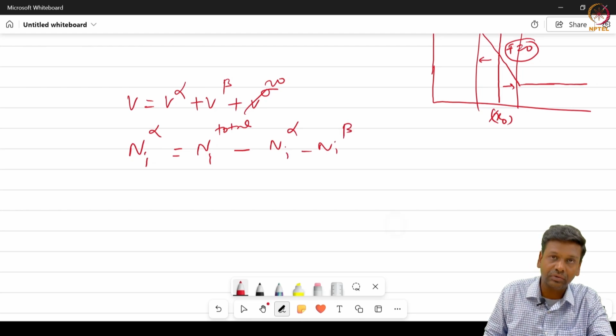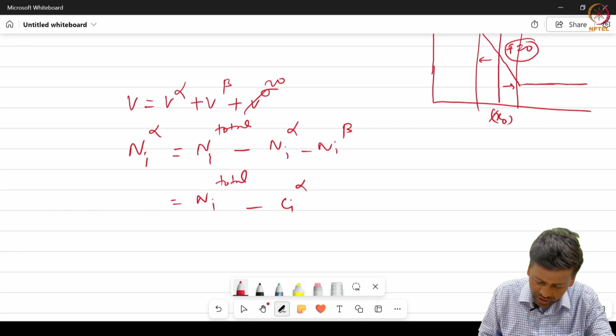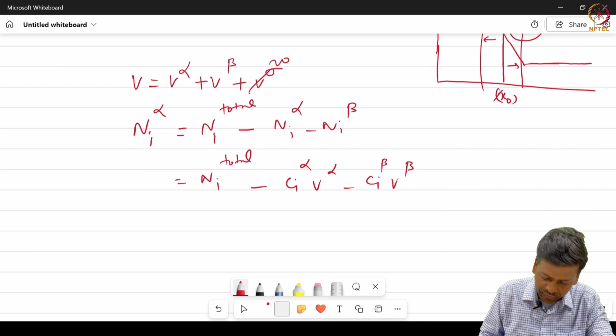Now if I convert this, it will be Ni total minus Ni alpha, and I can write it as Ci alpha into V alpha minus Ci beta into V beta.